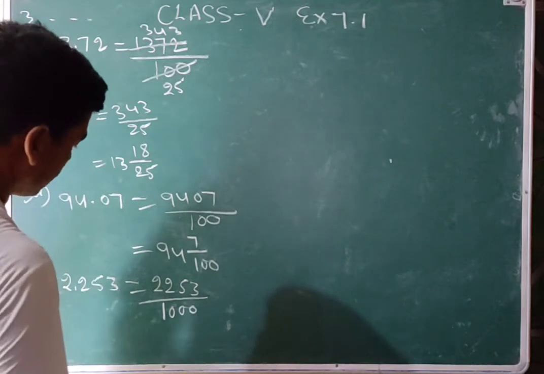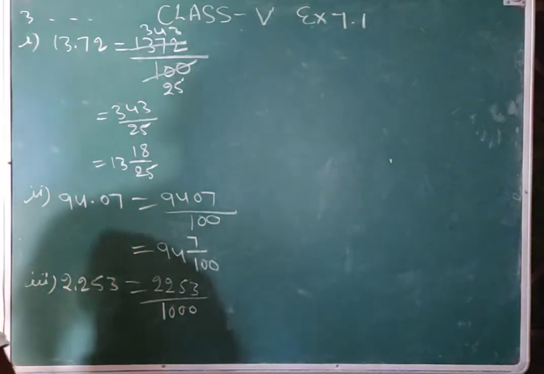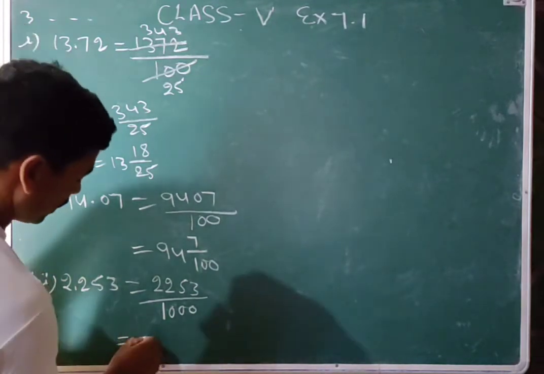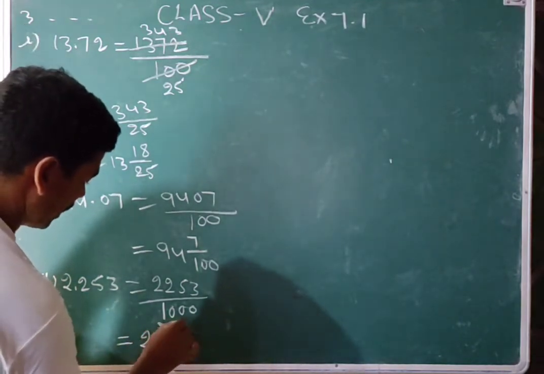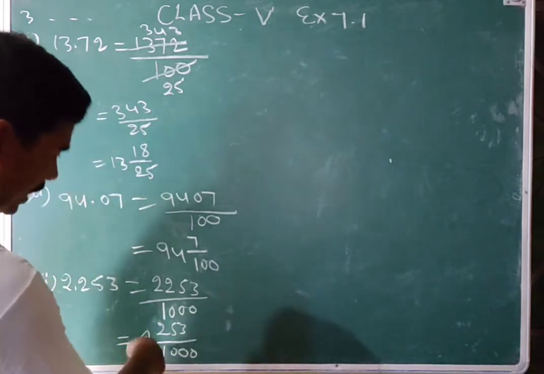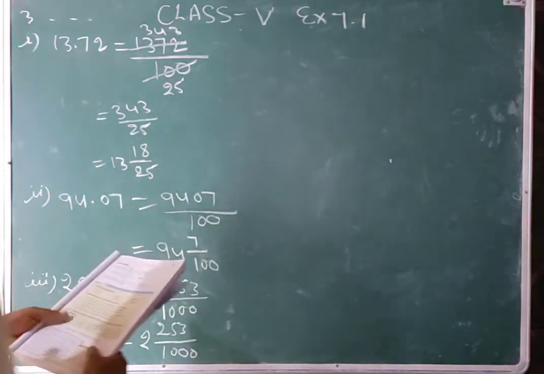This also cannot be cancelled. So you will write in mixed fraction, that will be 2 whole 253 upon 1000, by division as we have seen.